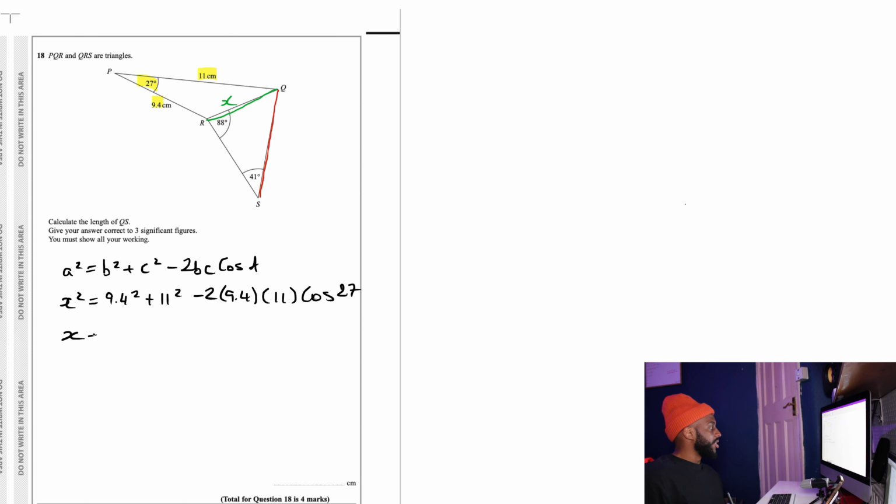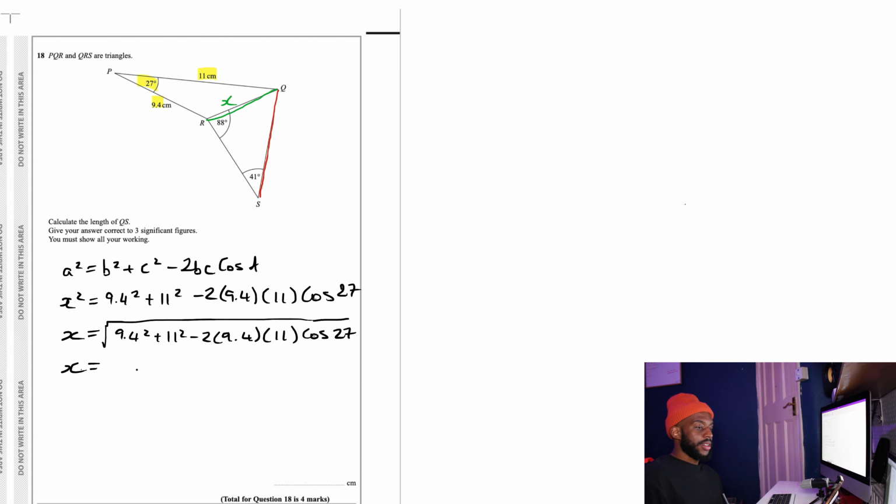So x is going to equal all of the above square rooted. 9.4 squared plus 11 squared minus 2, 9.4. Like so. We put it in our calculator and we should get 5.01 centimeters. Okay, so we've got that for x.